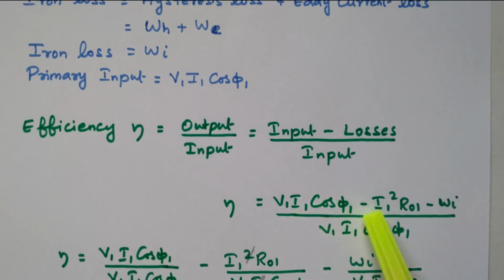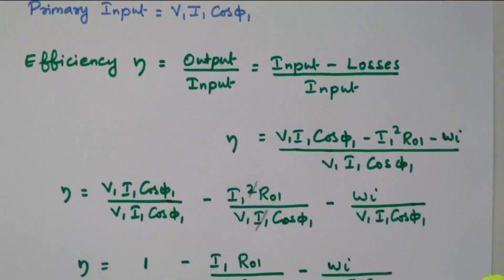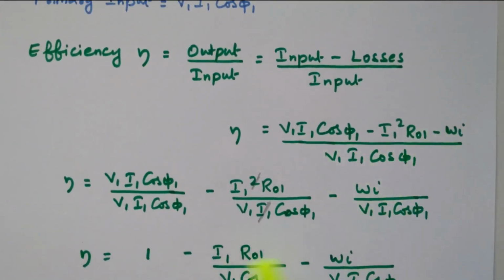So input minus copper loss minus iron loss divided by input. Now we split the equation: V1 I1 cos phi1 divided by V1 I1 cos phi1, minus I1 square R01 divided by V1 I1 cos phi1, minus Wi divided by V1 I1 cos phi1.